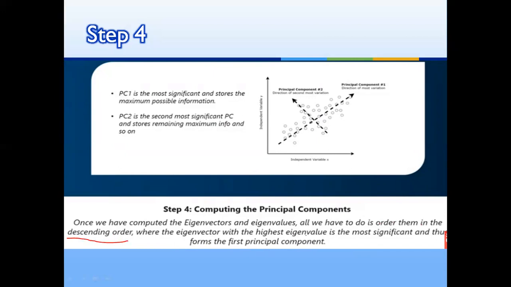The eigenvector with the highest eigenvalue is the most significant and thus forms the first principal component. So if your matrix contains multiple principal components, after organizing these eigenvectors, those are the principal components in descending order of their eigenvalues. PC1 is the most significant and stores the maximum possible information. Then PC2 in that matrix is the second most significant principal component and stores the remaining maximum information, and so on.